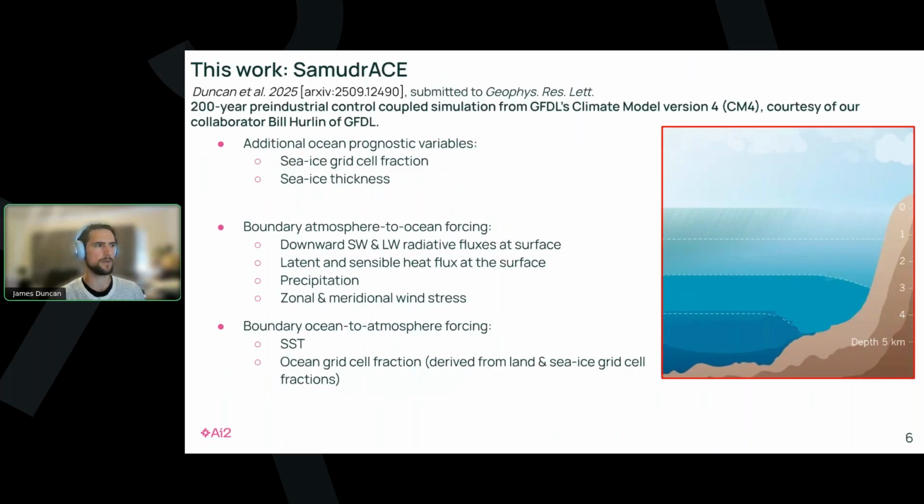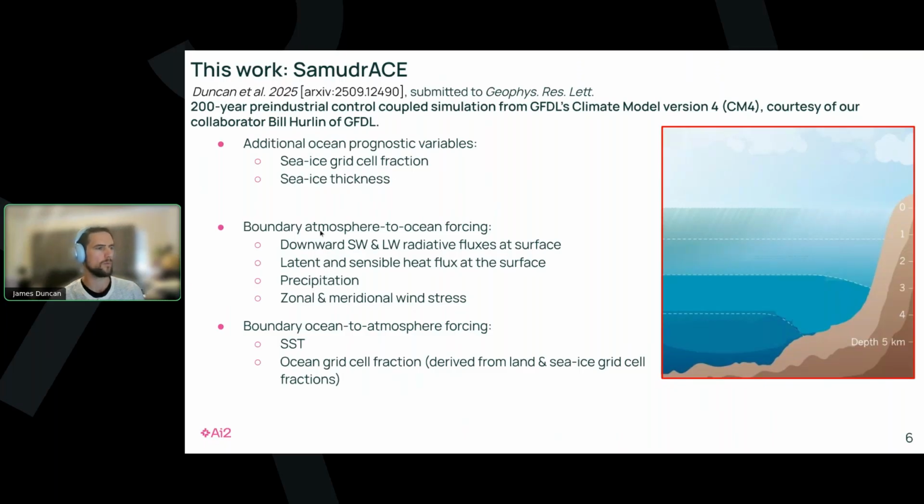So in our work, we have a 200-year pre-industrial control coupled simulation from CM4 that came courtesy of our collaborator, Bill Herlin of GFDL. And we held out 150 years for training Samudra. We somewhat modified the outputs of Samudra to include the sea ice grid cell fraction and sea ice thickness.